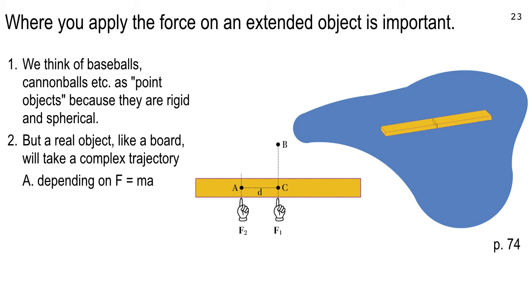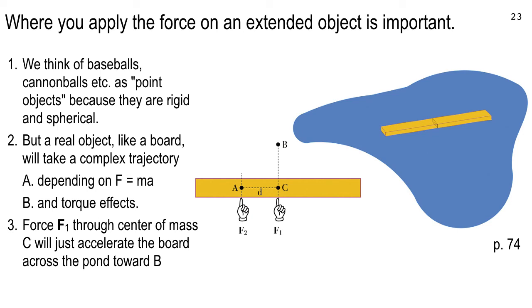So the trajectory that you get depends. First of all, it does depend on F equals ma. You've got to push a little bit, but also on where you apply the force, like F1 and F2.